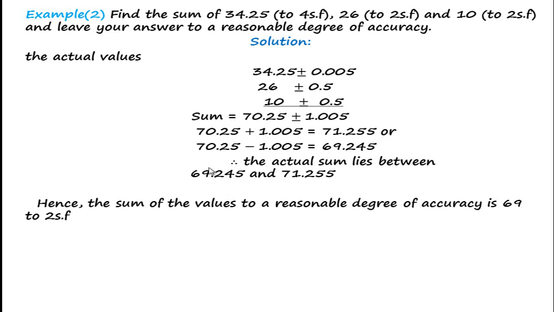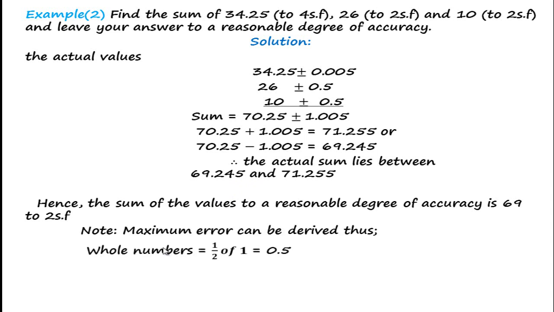It's 69, which is the number closest to 70. 67 is farther than 69. That is the answer. It's closer. Are you getting it now? That's the answer. Let's move on.